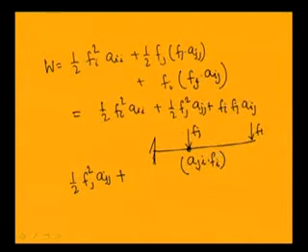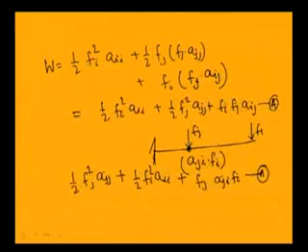So, the total work done will be equal to half Fj² Ajj plus half Fi² Aii plus force into displacement. So, this force Fj into Aji into Fi.